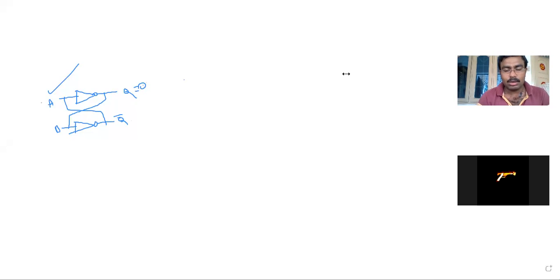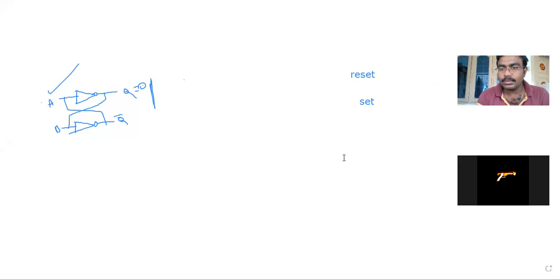Throughout the third unit, you will have this. Reset state is when you have Q equal to 0. Likewise, if you have Q equal to 1, if your output is 1, then that state is called 1 state or set state. Guys, remember, if Q equal to 0, what state do we call it?